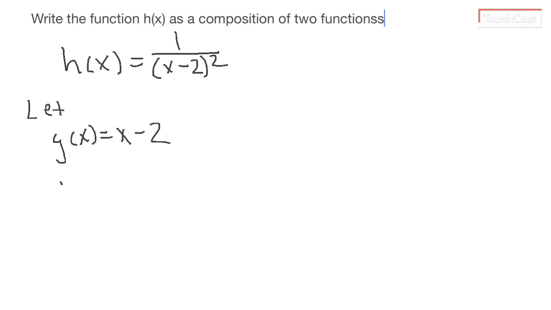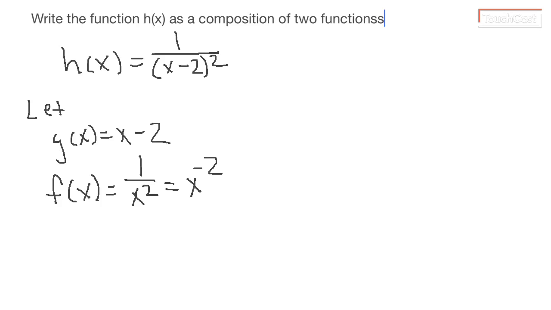And we're going to let f of x equal 1 over x squared, which, if you recall your properties of exponents, can also be x to the negative 2. We're going to use this idea just to go backwards from h of x to show we have a composite function.